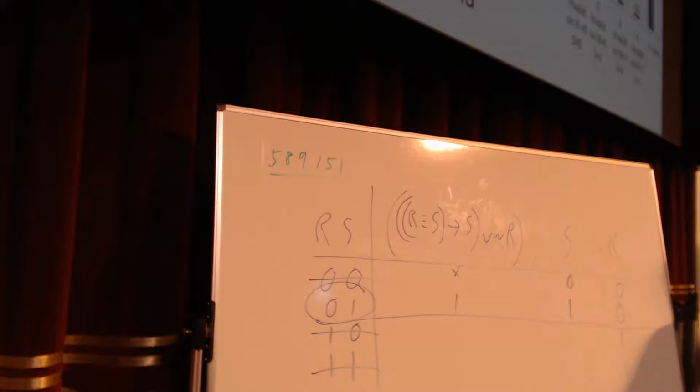We set R to false. We set S to true. And then we can see immediately again that since R is false, it switched to true, which makes the or true, which makes premise 1 true.